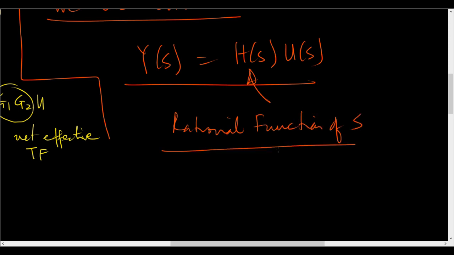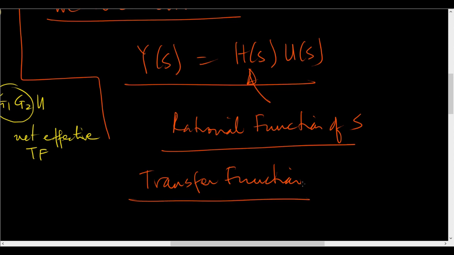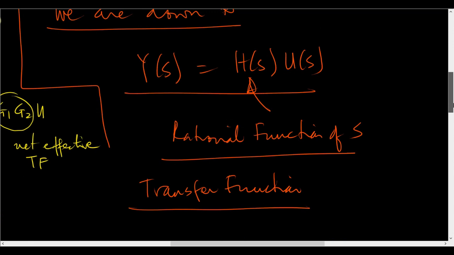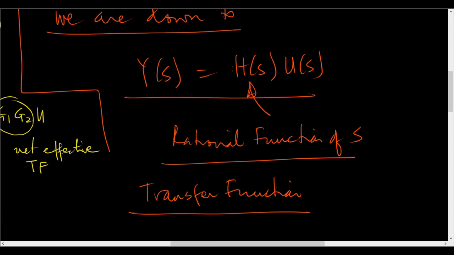We call it the transfer function of the system, whether closed loop or open loop. This transfer function can be thought of, if we like, as the Laplace transform of the response of the linear time invariant system when it starts from zero initial conditions and is given an impulsive input, a Dirac delta input. There are other interpretations, but this is something to work with.